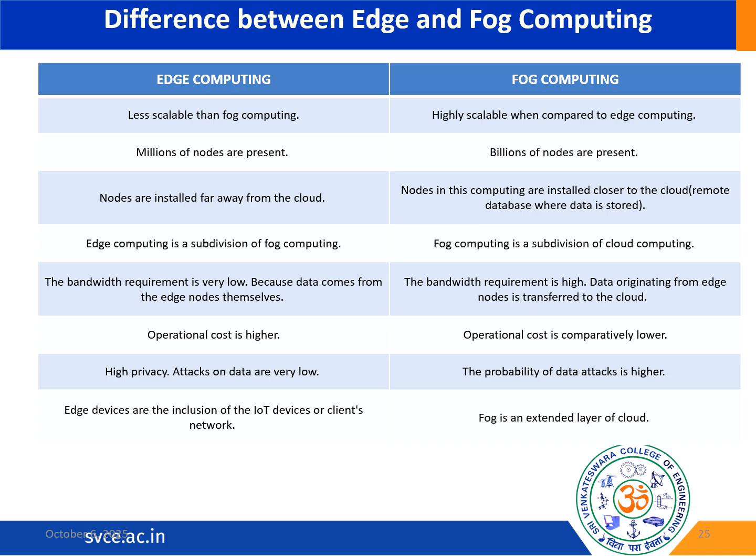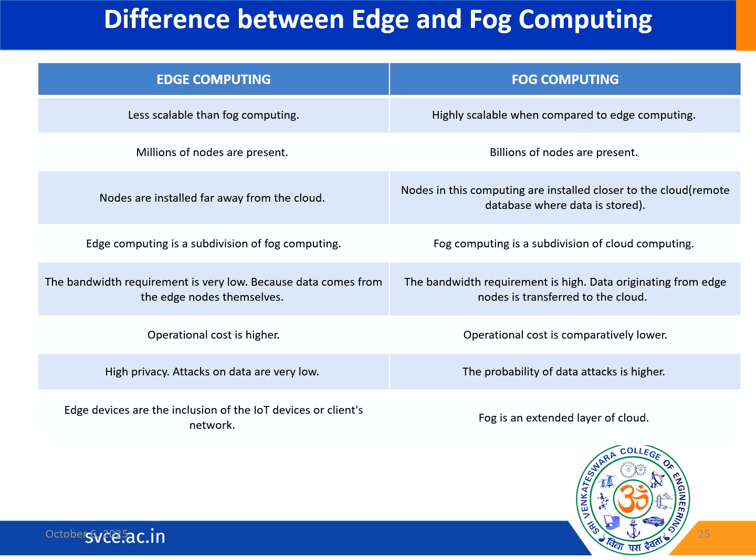Considering edge computing, operational cost is higher. In fog computing, the operational cost is comparatively low. In edge computing, we have high privacy, so attacks on data are very low. And in fog computing, the probability of data attacks is much higher.